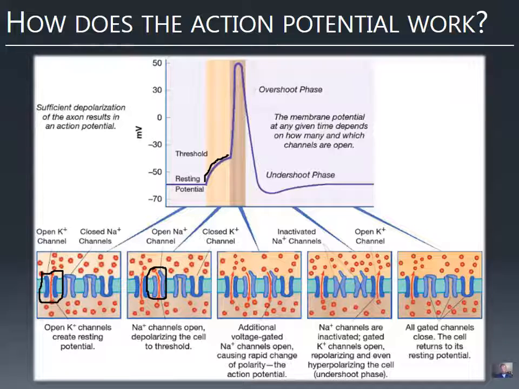We have all the sodium coming in, and it's coming in very rapidly because these are voltage-gated sodium channels, they're sensitive to the membrane potential. So the more positive it gets, the more open. See this positive feedback system. So sodium comes in, opens more sodium channels, even more sodium comes in, opens more and more, until they're all open and sodium's coming in as fast as it can. And it brings that membrane potential up to around 50 millivolts. So in fact, at that point, there's more positive charge inside the neuron than outside.